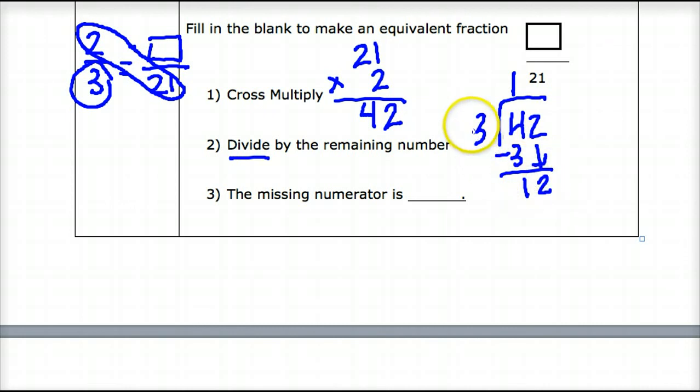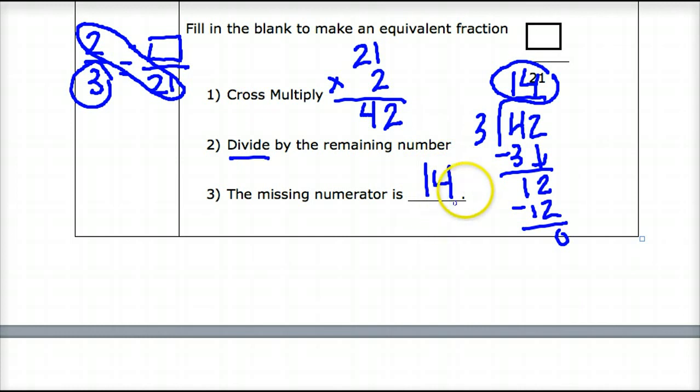And we know that 3 will go into 12 4 times. That leaves us with 0 as a remainder. So we know that our missing number is going to be 14. So to make it equivalent, we know that 14 would need to be the number inside of the box. So 2/3 is equal to 14 over 21.